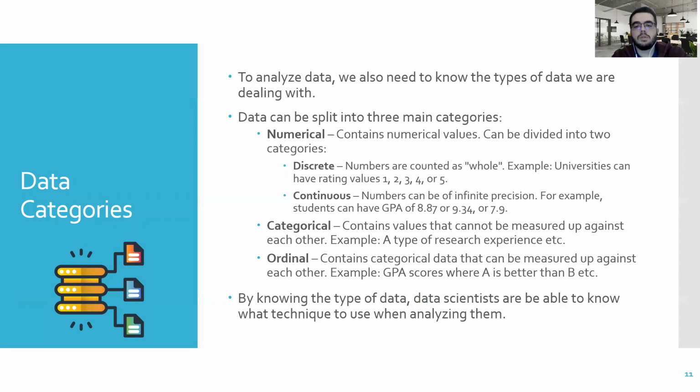Two more categories of data are categorical data, which are values that cannot be measured up against each other. Like we can't compare types of research experience, which one is better than another. And ordinal data, it's categorical data that could be measured up against each other, like GPA scores could be compared, one score is better than another score, and so on.